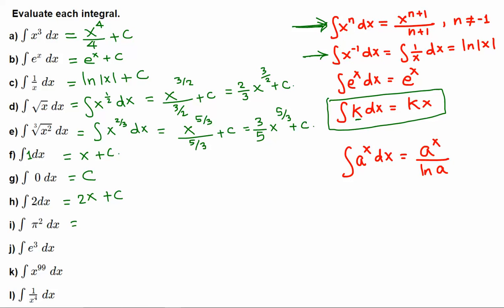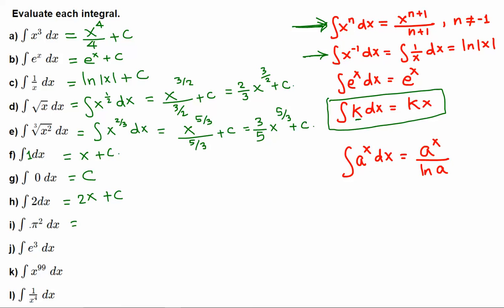Now here, same thing, pi squared. Do not confuse this with a function of x. This is not a power function, this is not a function. Pi is a constant, it's a real number, more specifically an irrational number. Pi squared is also a constant.